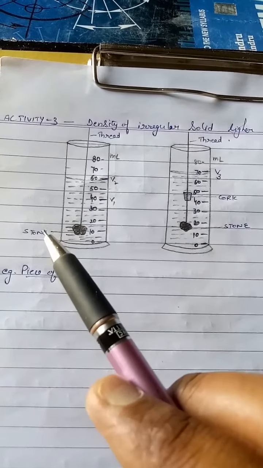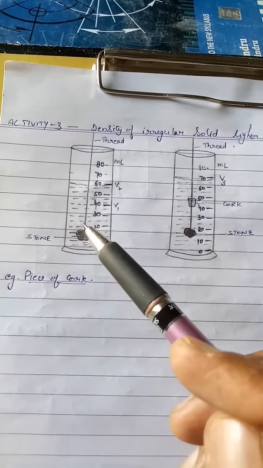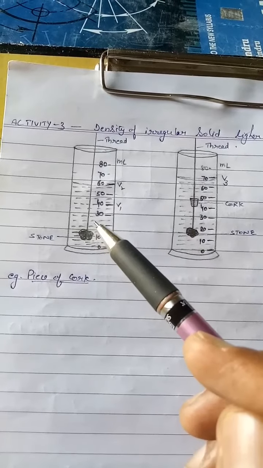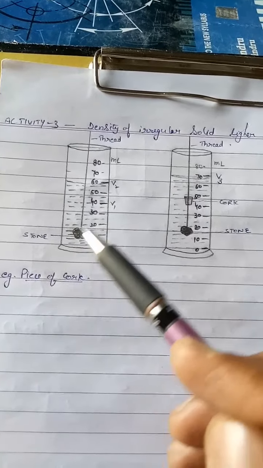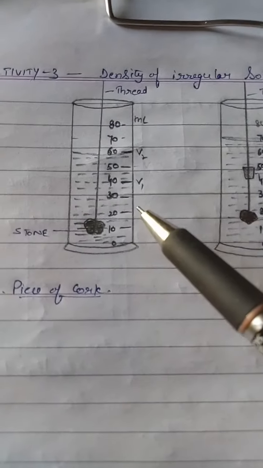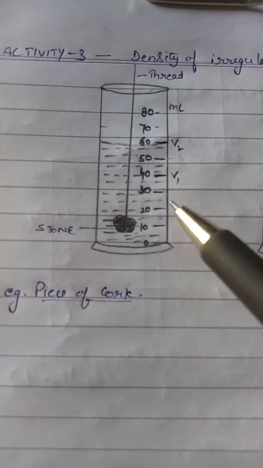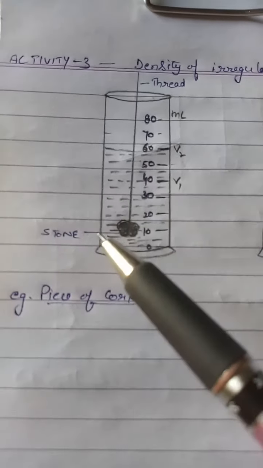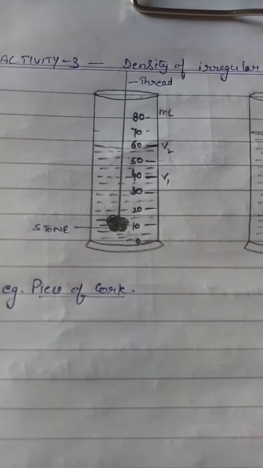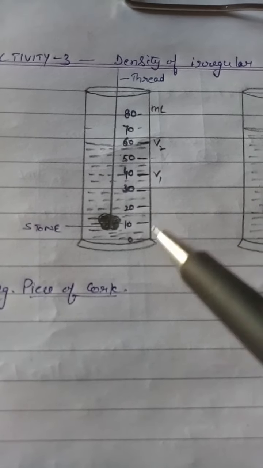Take a small piece of cork. It is much lighter than water, floats on the surface of the water, and is especially used as a stopper in bottles. In the neck of bottles there is always a piece that looks like wood, but it is actually a cork piece.